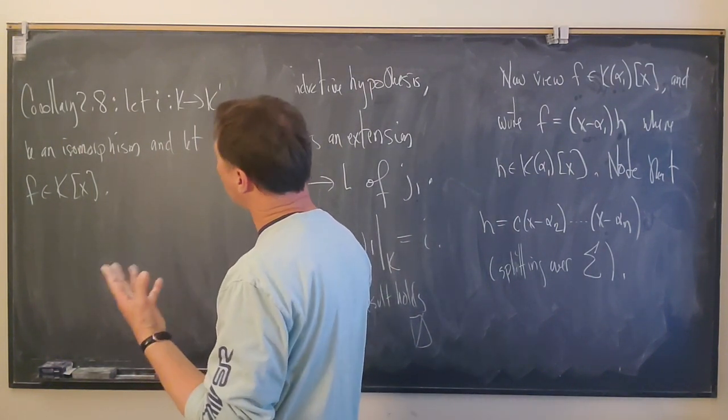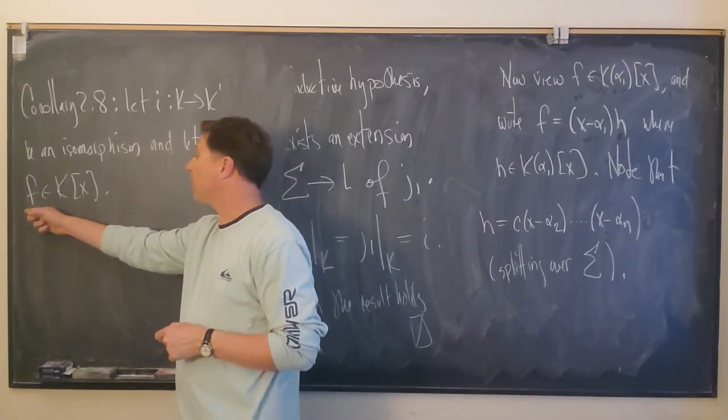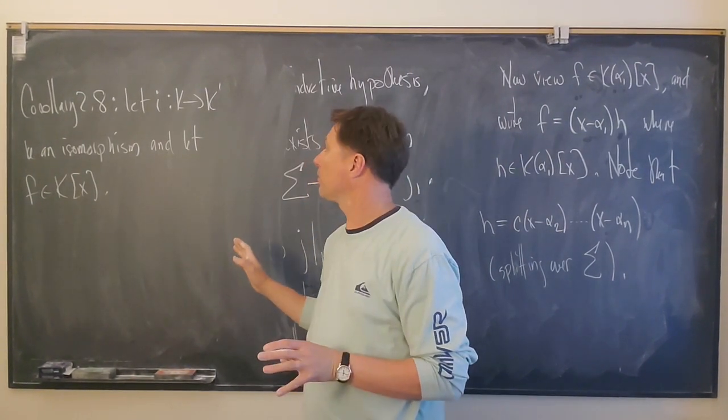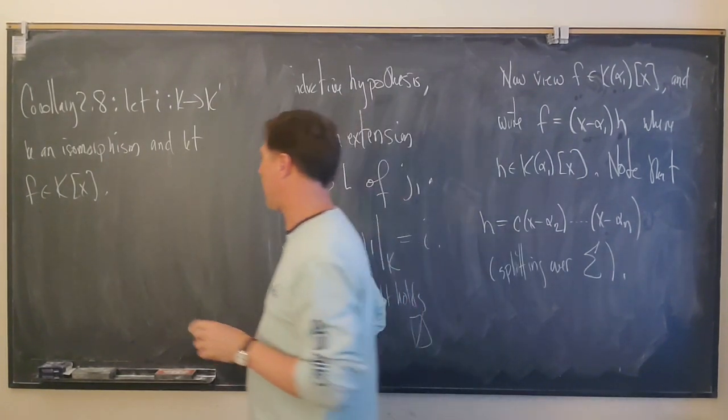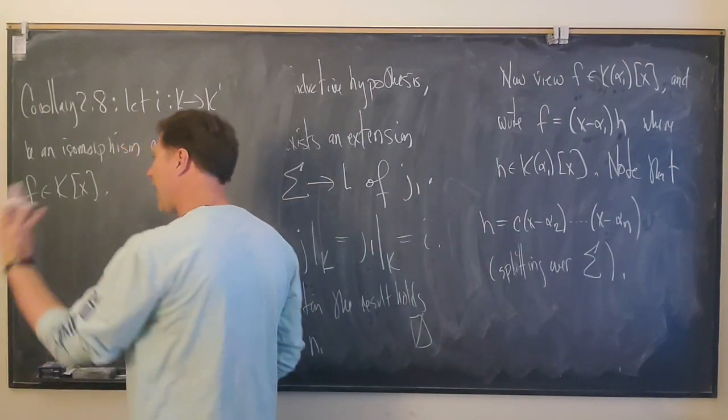Now, we're going to have two polynomials running around: F, and also I of F. I want to look at the splitting fields, sigma and sigma prime, for F and I of F.